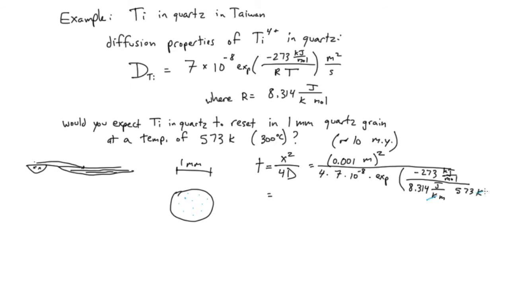Kelvins are going to cancel. There's 1,000 joules in 1 kilojoule, so let's put 1,000 joules per kilojoule here, and then we can cancel all those units.